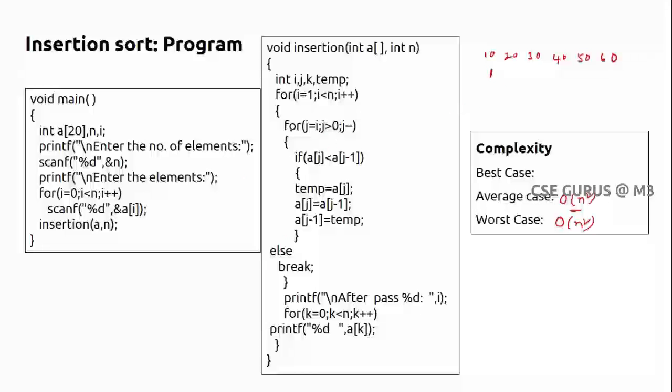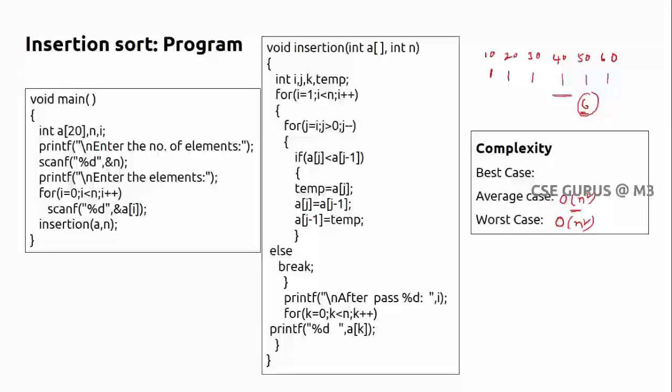Break means it comes out of the j loop. i value 2 comes to 30. Is 30 less than 20? No. Again the j loop runs one time. Next, one time; next, one time only. That's it. If you take 6 elements, it goes only 6 times. So if you take n elements, it goes only n times when the elements are given in sorted order.